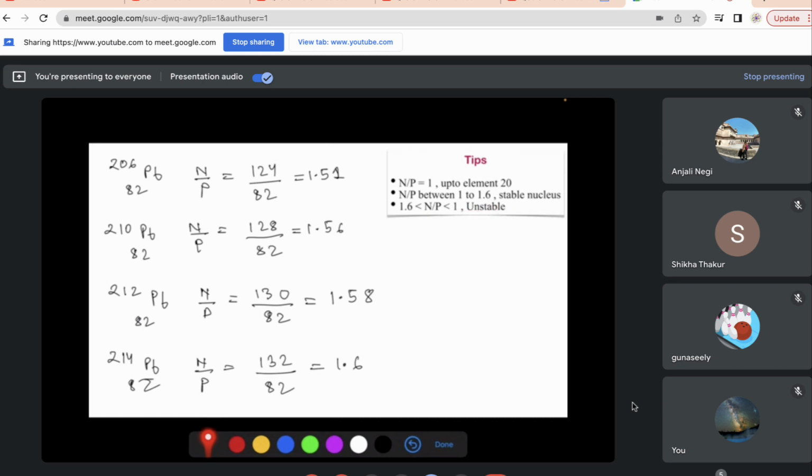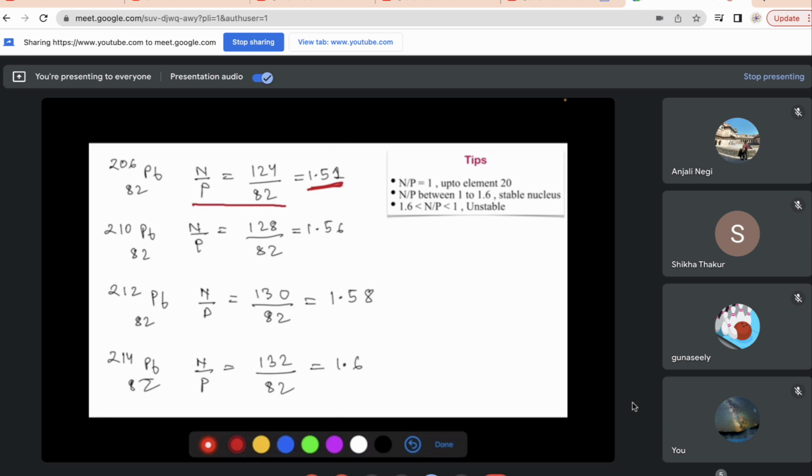So for the given question, we are given 4 different isotopes, and I have written here the ratio corresponding to them. The N/P ratio for lead-206 (82) will be 124/82, that is 1.51.